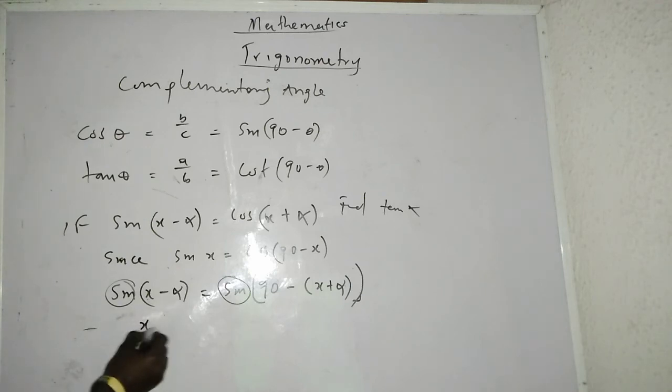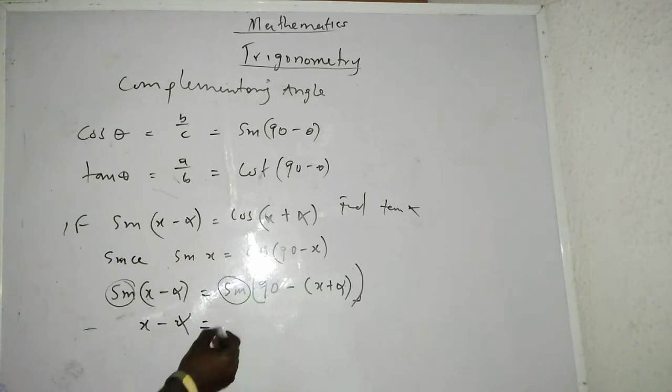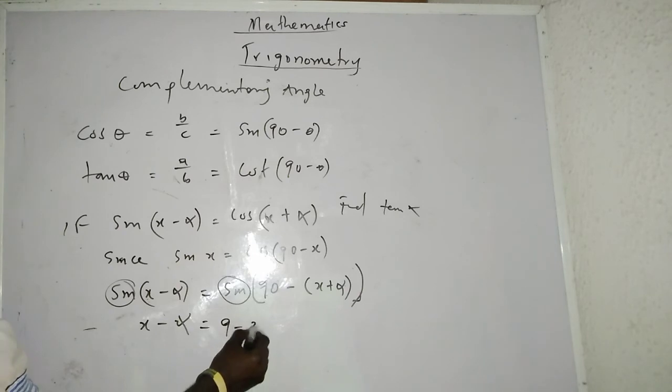they can move out of the way. I have x minus alpha equals 90 minus x minus alpha, which they cancel off themselves. At this point, what can I do next?